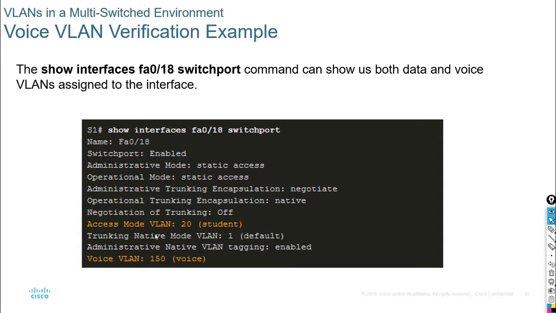In the highlighted part, access mode VLAN 20 student and voice VLAN 150 for voice. So one for the data, one for the voice, by using the command show interfaces FA0/18 switchport here.